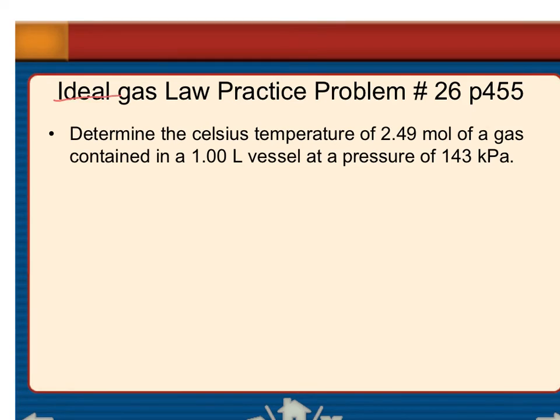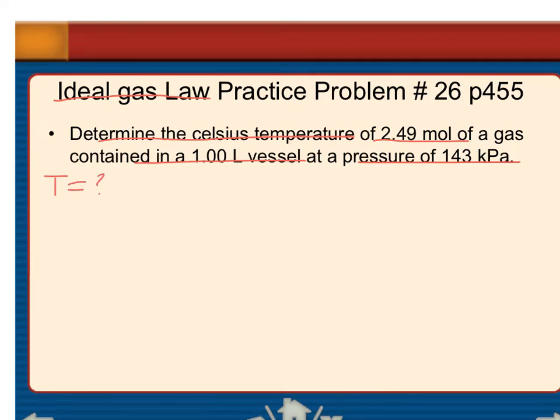This is another application of the ideal gas law. It is number 26 on page 455 of your textbook. The question asks you to determine the Celsius temperature of 2.49 moles of a gas contained in a 1.00 liter vessel at a pressure of 143 kilopascals.